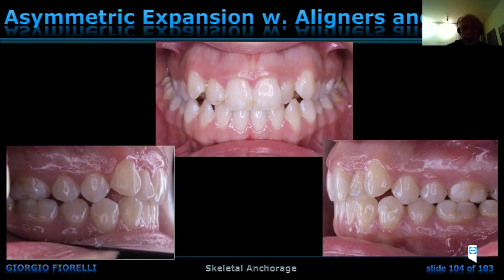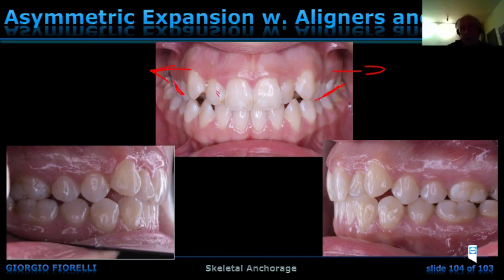I mean, actually I saw this patient and she wanted an Invisalign treatment, and I said, okay, what's wrong with this? We're going to make an expansion. But I was really not very careful. If you see here, there's no crossbite. If you see here, there is some crossbite.